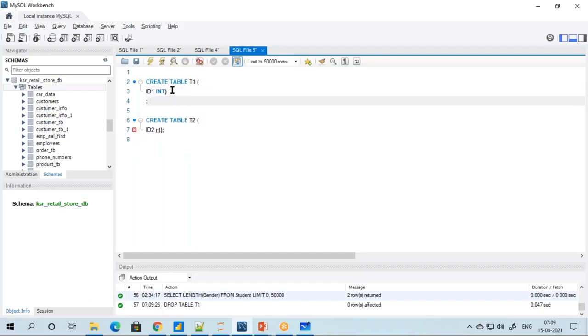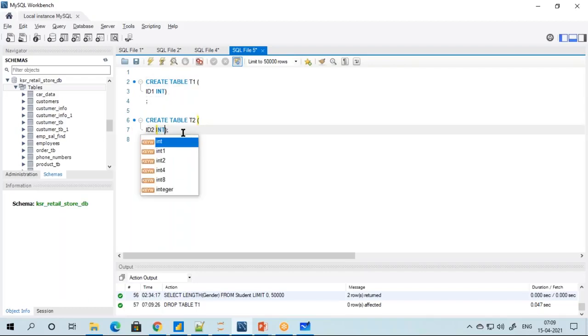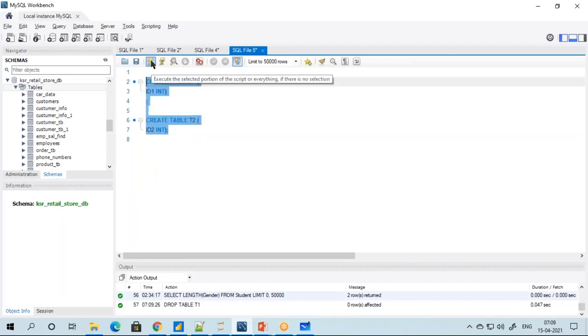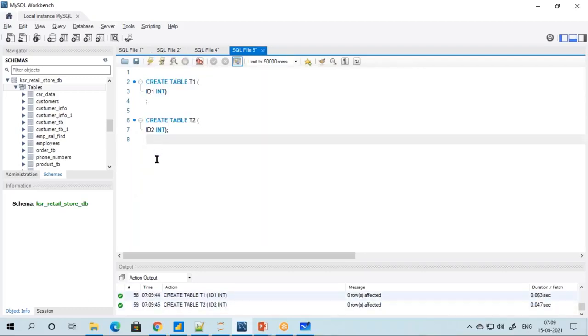Okay. So create table T1 with ID1, and for table 2, ID2. I'll run this. Okay, it has run. Now I'll write insert into T1 values.